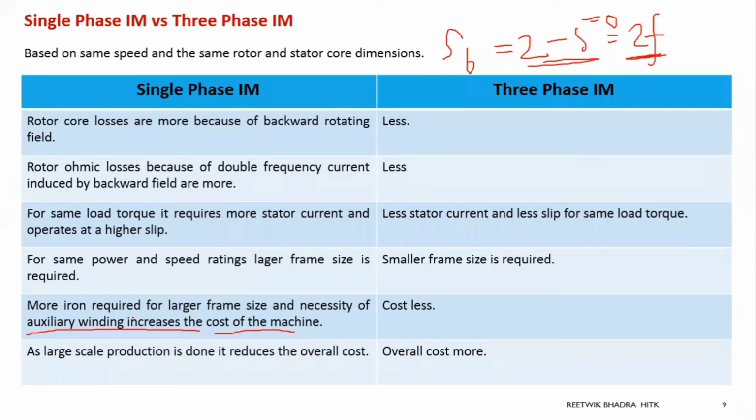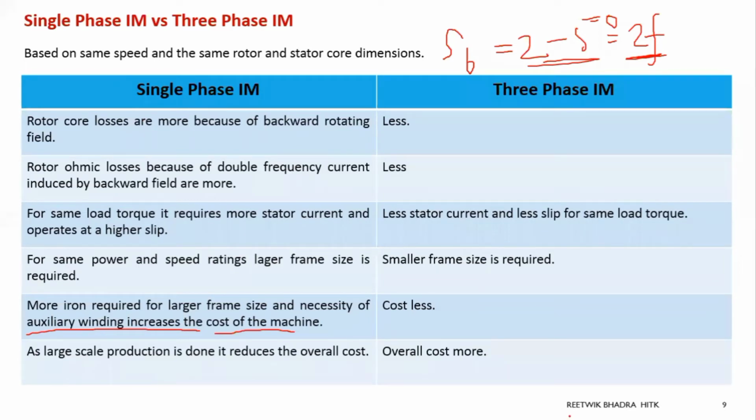But generally these single phase induction motors are produced on a wide scale, because apart from industrial application, in all major applications in homes and households, everywhere an induction motor is used. So single phase induction motors are produced on a large scale. That large scale production compensates the cost compared to your three phase induction motor.